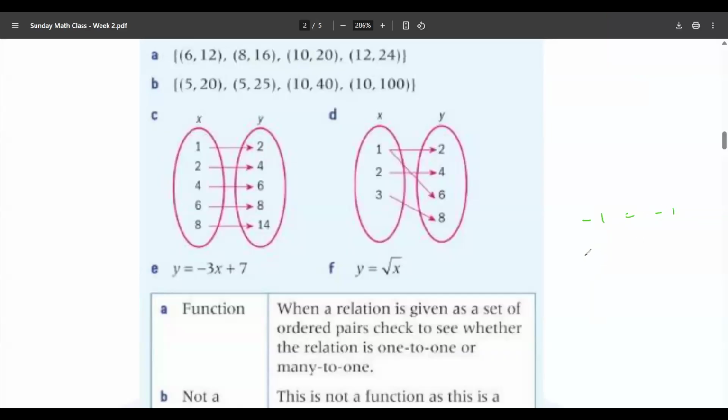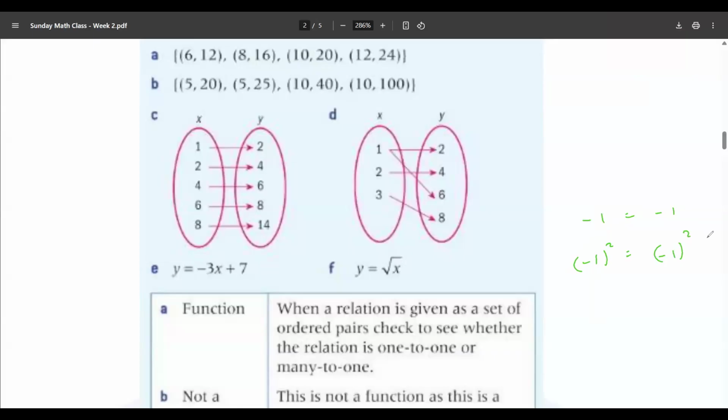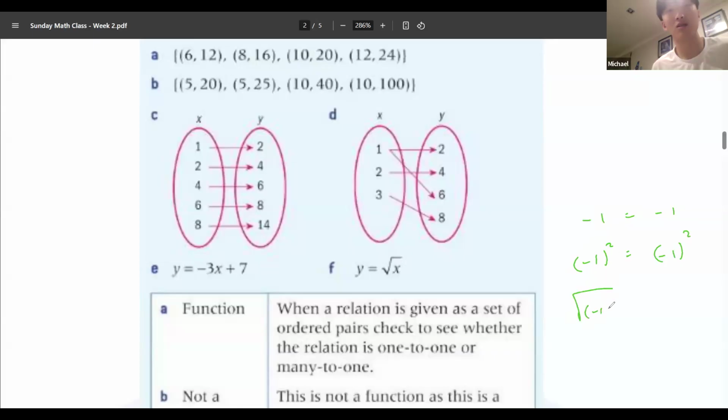Now if I do something like -1 squared equals -1 squared, and then on the left hand side I take the square root again. Square root of -1 squared equals, this is +1, right? And then I'd be like, oh, square root and square cancel out. This is -1 equals +1. Of course, this is not true. So there has to be a flaw in the step. And the flaw is from here to here. This is not correct.